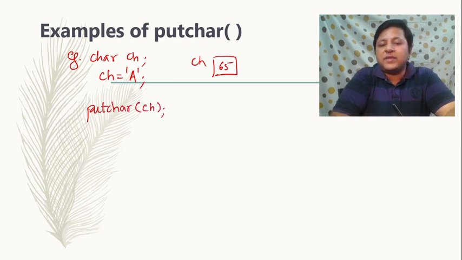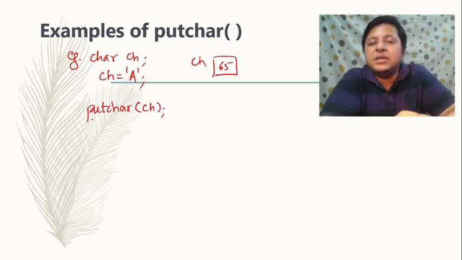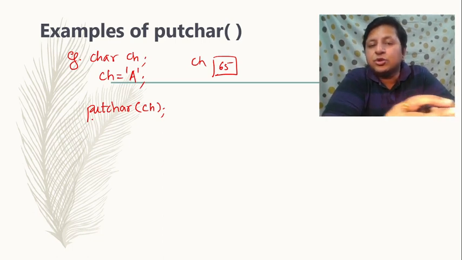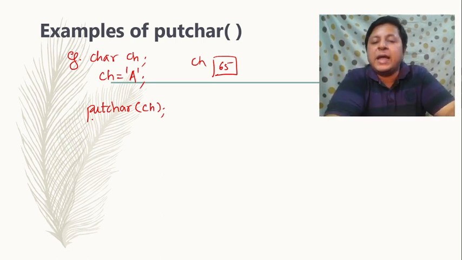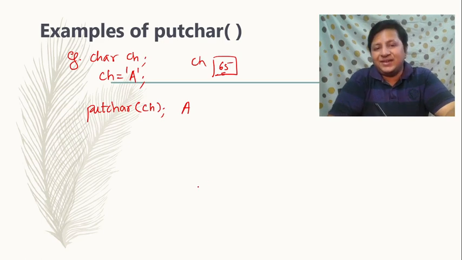I hope you've observed that I'm not writing something equal to putChar, for a very simple reason: the return type of putChar is void, so it is not supposed to return anything. I can directly call putChar ch. Put as in print the character given. It goes to ch, picks up that 65, but as the order is to put the character, it converts that to its corresponding character and prints capital A on the screen.